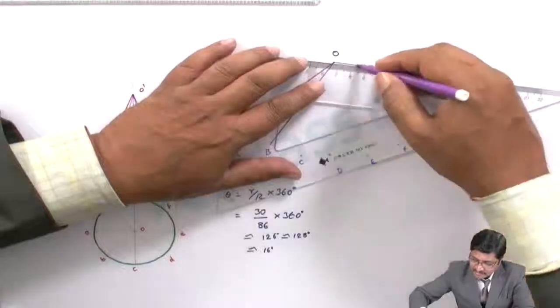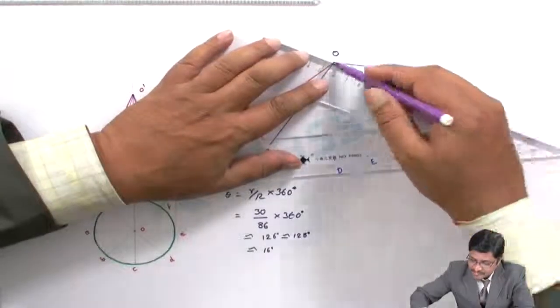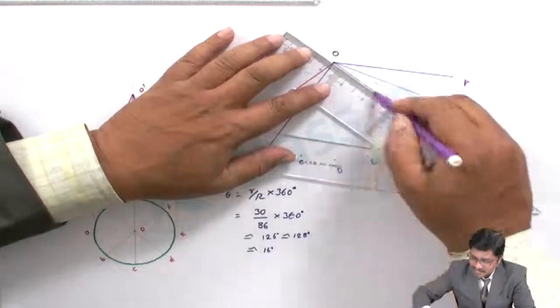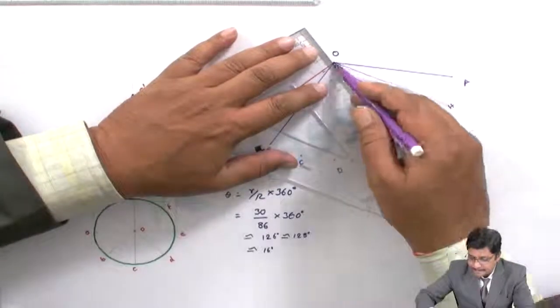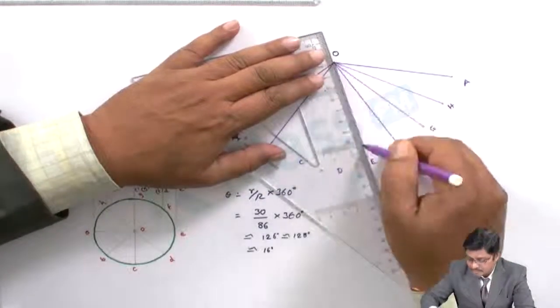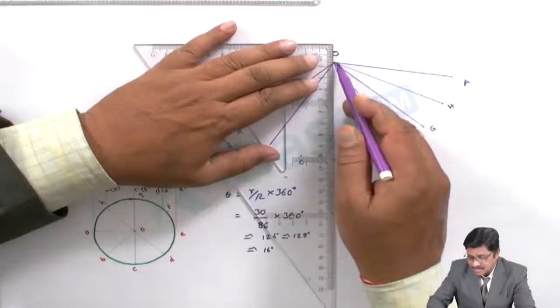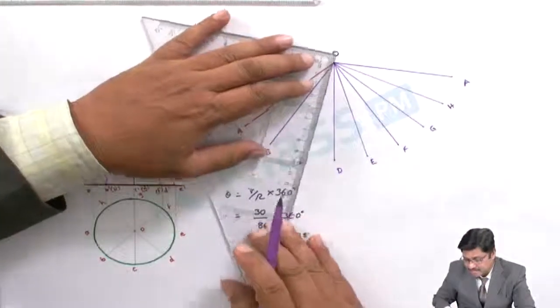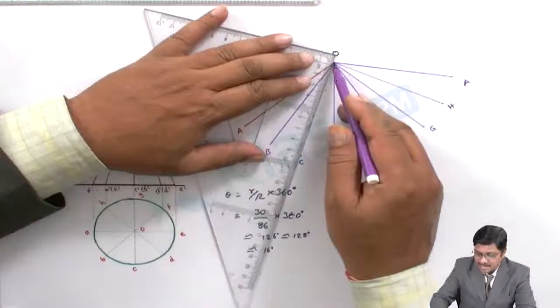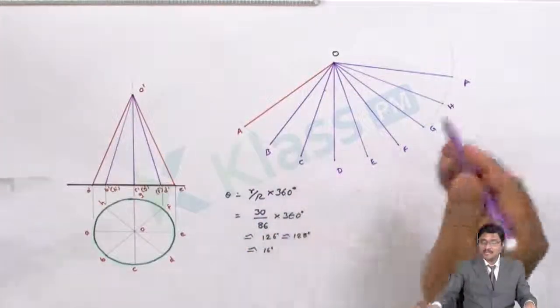I can draw the radial line from every division point to the apex O A. Now I am able to get all these points.